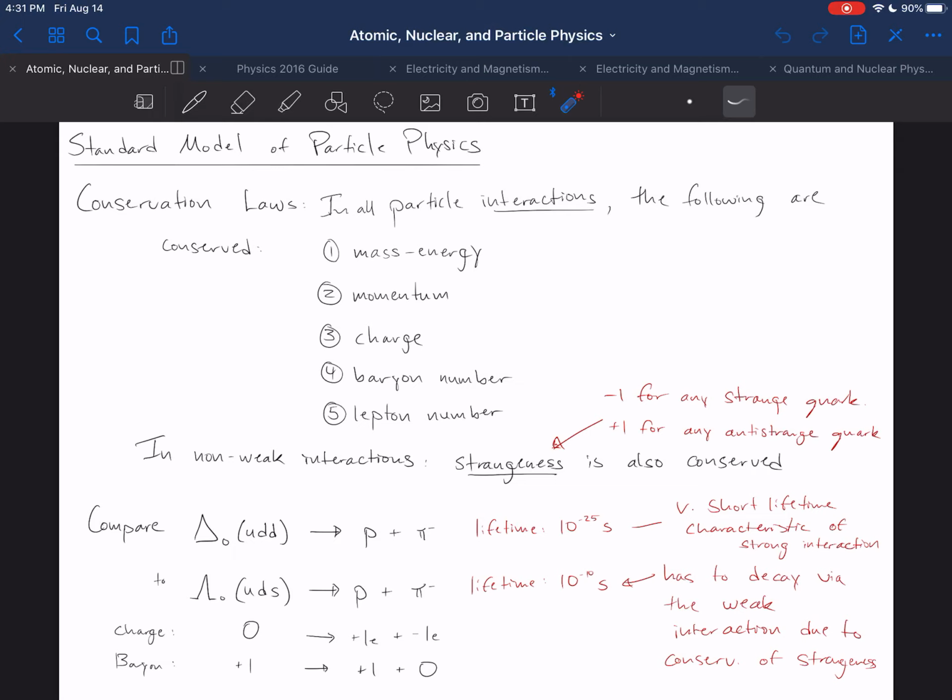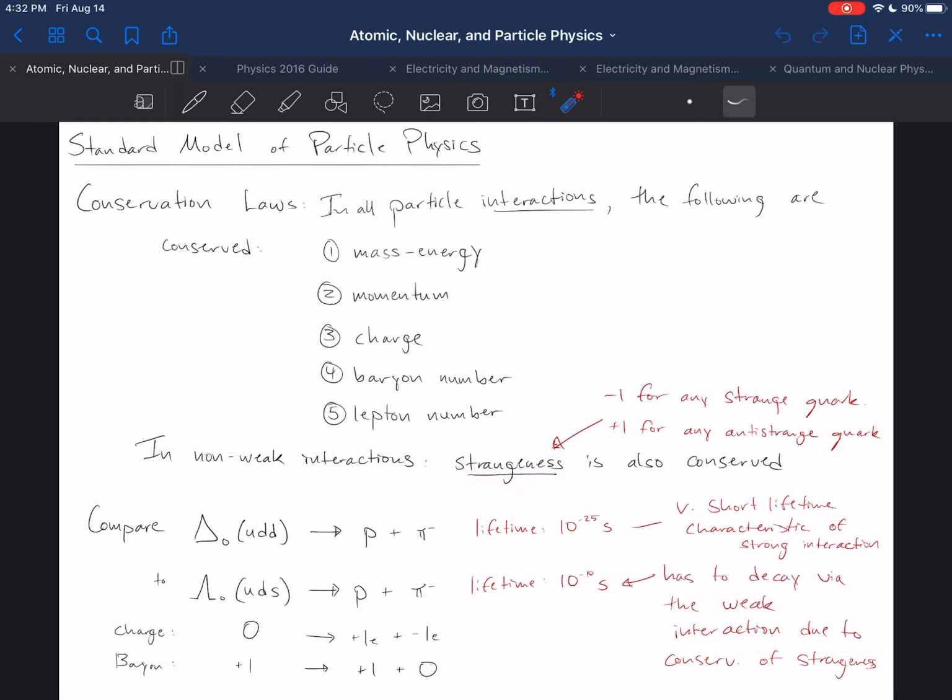And I will say, just as a teacher, it's a little bit odd that this is in the syllabus, in part because although it's very important historically, the sum total of what you're supposed to know about it is not particularly clarifying. But in any case, in non-weak interactions, so any interaction that is electromagnetic, strong, or gravitational, the property of strangeness is also conserved.